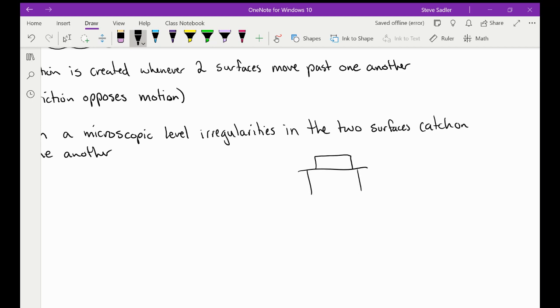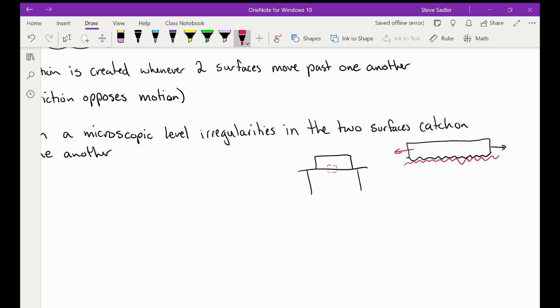There's your book on a table. You're going to slide it across. But if we zoom in really, really far to a microscopic level, the surface of the book is going to be irregular. It's going to be bumpy. And the surface of the table is also going to be bumpy. So when you're trying to push the book this way, all these little bumps are catching on each other, and that's what creates that friction force opposing it.